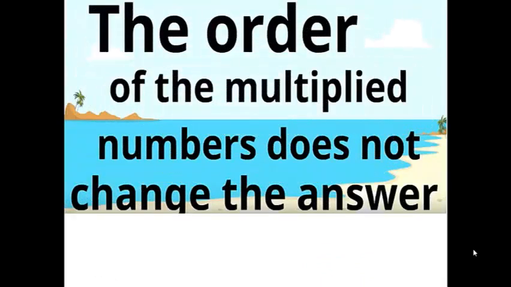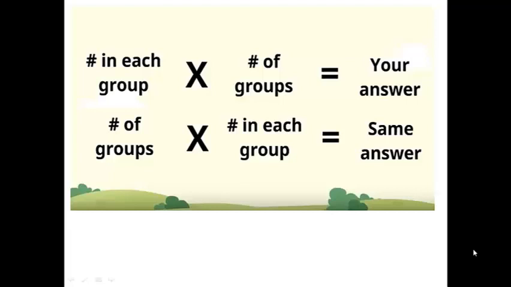Trick number 3. The order of the multiplied numbers does not change the answer. How? If you write the number in each group first, times the number of groups, equals your answer.